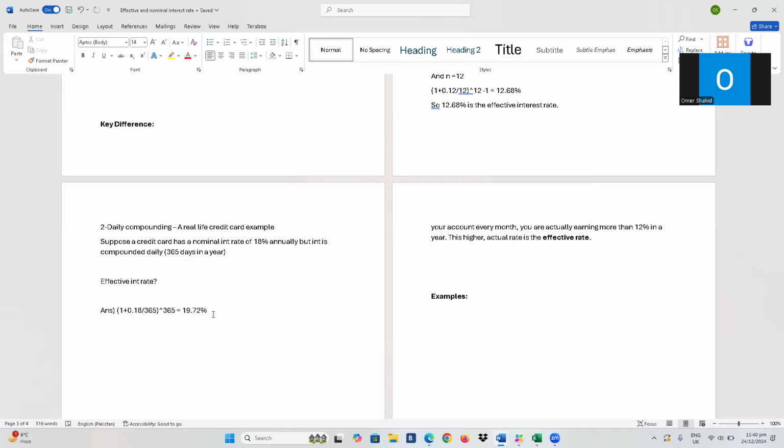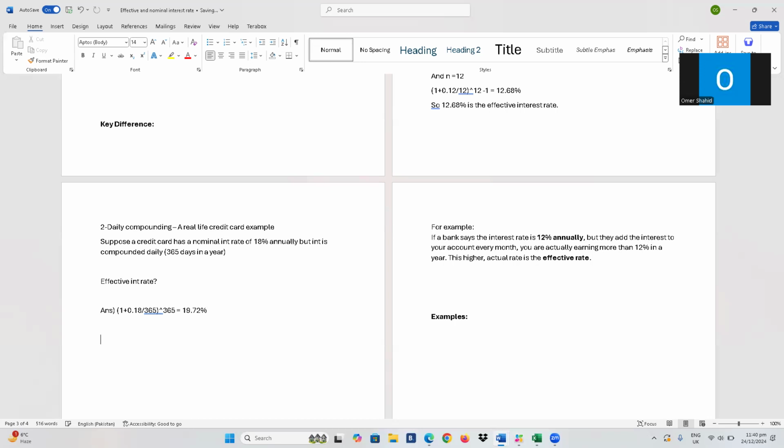Why do we divide it? Because 18% is our annual interest rate and we need to compound it daily, so we need an interest rate per day. That's why we divide by 365, to the power 365, because we have 365 days in a year. This equals 19.72%, which will be our interest rate.